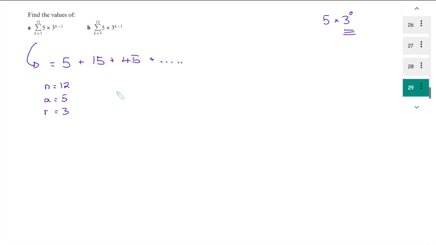Okay, and we can just pop those into the formula. So if you remember the formula for the first n terms of a geometric sequence, and just to remind you about this notation, Sn, so that's another way to write the first n terms, is a times r to the n minus 1 over r minus 1. Now you'll recall hopefully that there are 2 different versions of this.